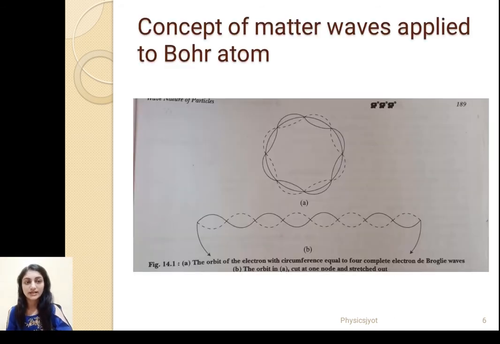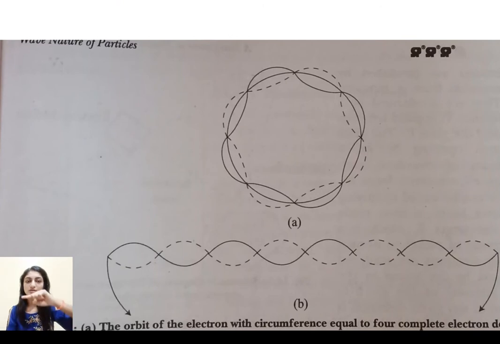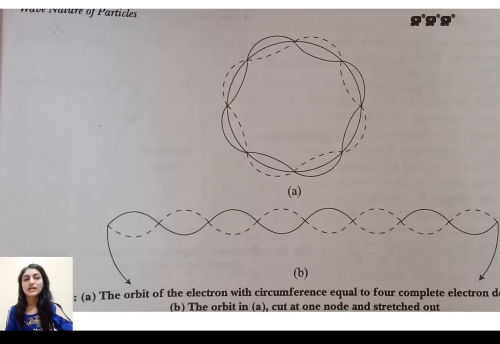It will be like this. This is the first wave, the one which is not a dotted line, representing the first revolution, and the second time it again does the same thing. We can show it with the dotted line, and you can see loops like these; stationary waves are formed over here.